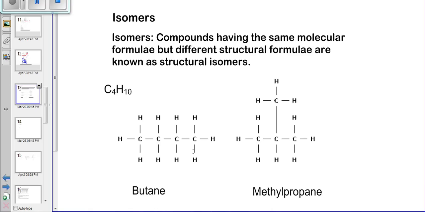So here we got two examples. We got C4H10, which can be butane, and C4H10, which can be methyl propane. So these two compounds are isomers. That means they have the same molecular formula C4H10, but the structural formula is different. Now let's look at 2 or 3 more examples.